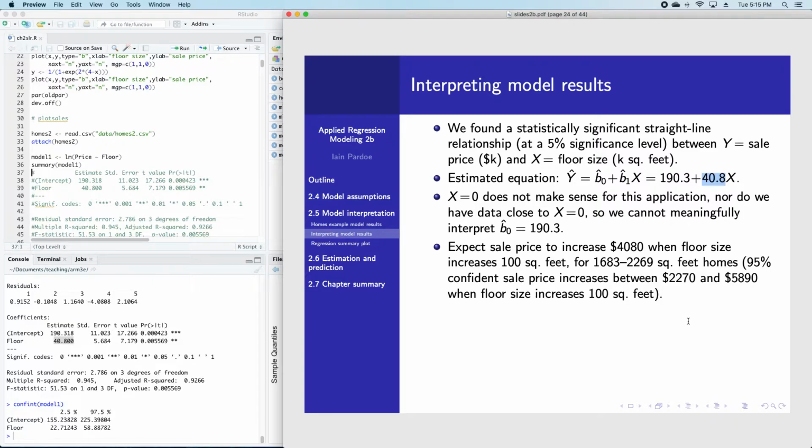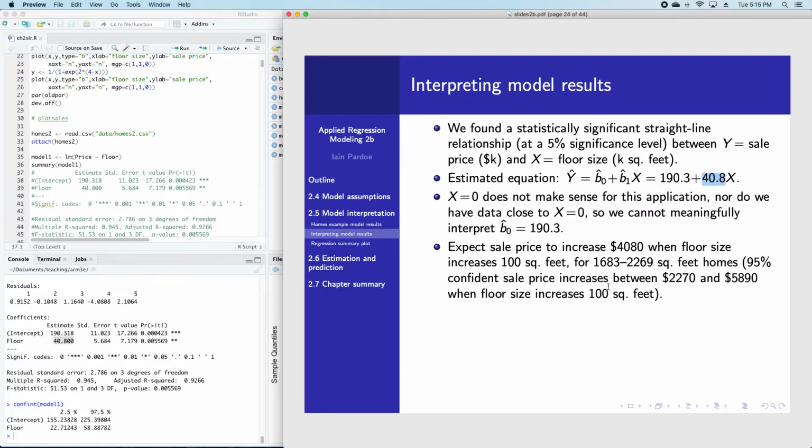And that's applicable to houses that are in the population that we're looking at here. And the sample that we're looking at here is houses between 1,683 and 2,269 square feet.